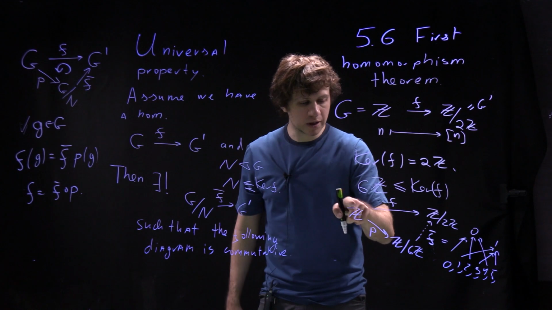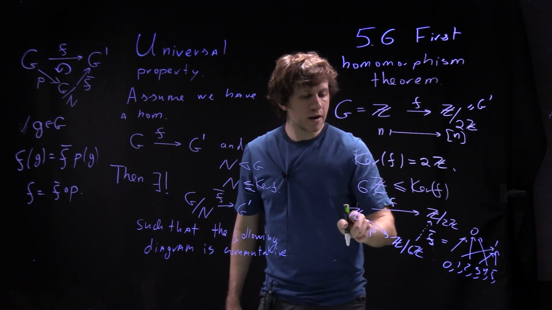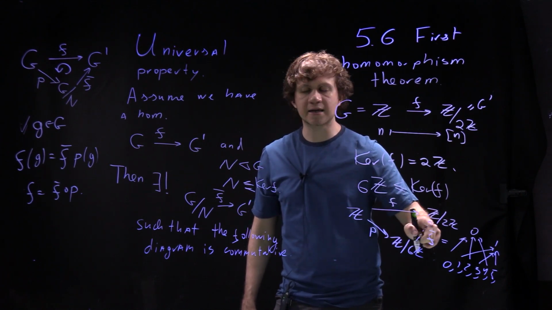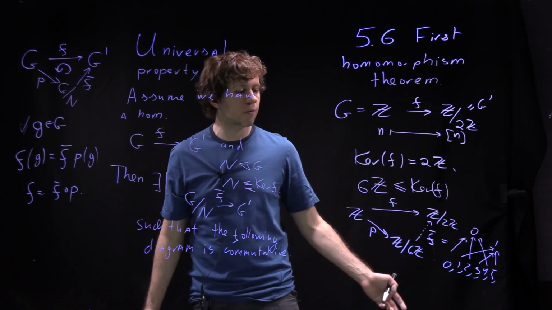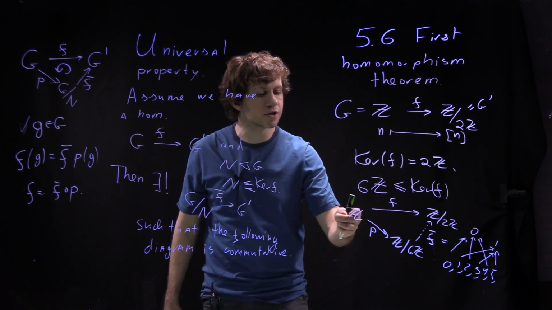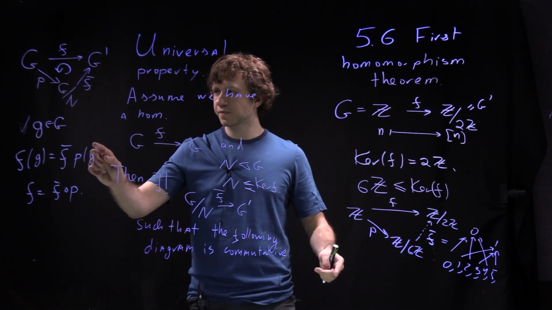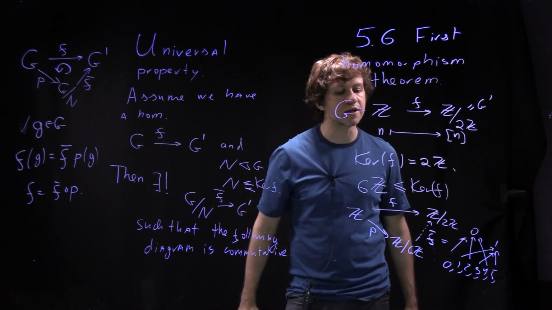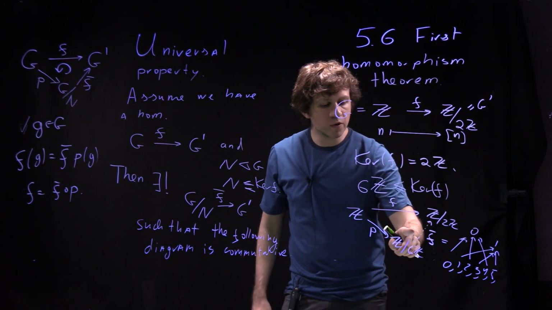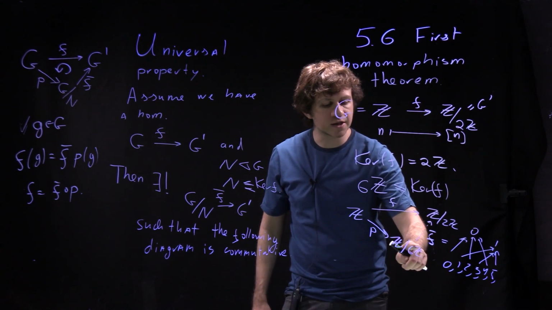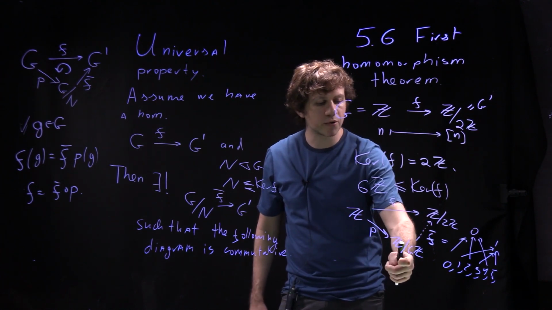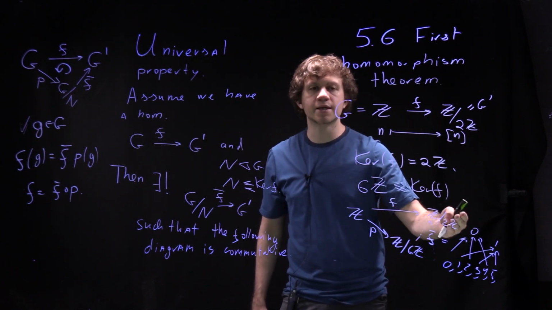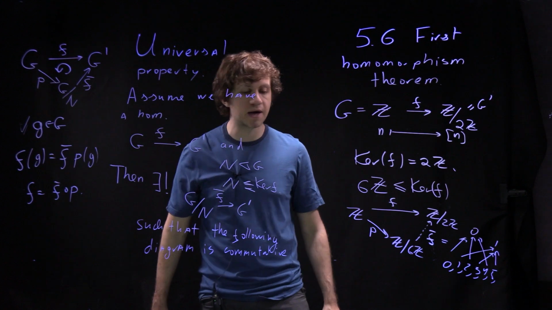So you can take as a representative some integer, and then you can apply F to it. And so there is a way to go from here to here, except you might worry that it's not well defined because you can take different pre-images under P. But if N is in the kernel of F, it means actually that the map is well defined. So if you want to construct this map, you just say, take the corresponding integer with this remainder modulo 6 and take its remainder modulo 2. And it's very easy to see that that's the only way this map can be defined.